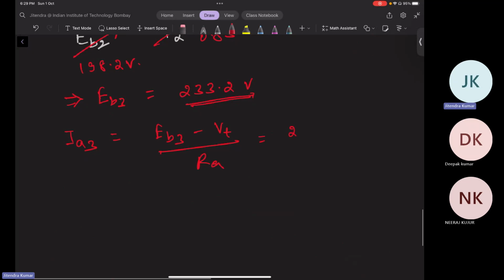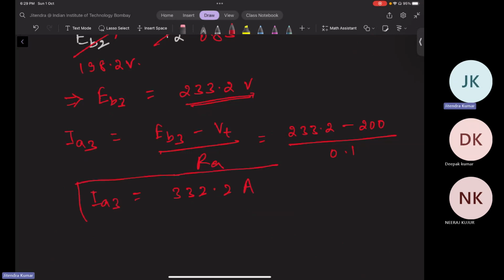So EB3 we have computed 233.2 minus 200, and it will lead to 332.2 amps. Again, a huge current will be drawn during the transient period, right?